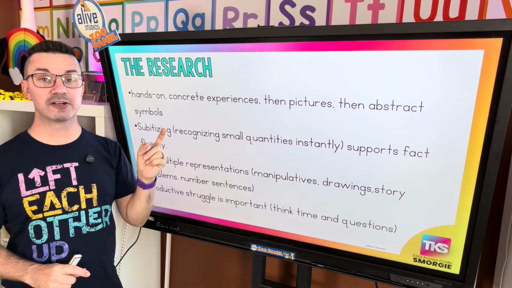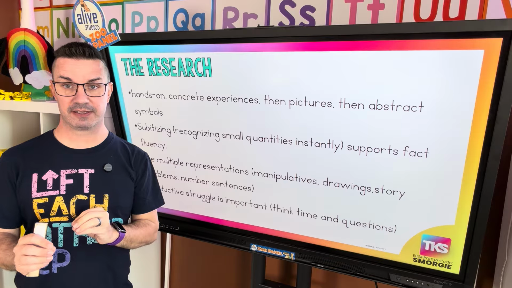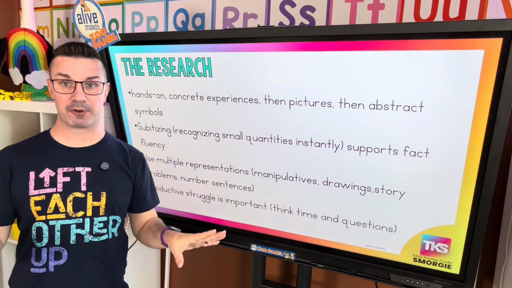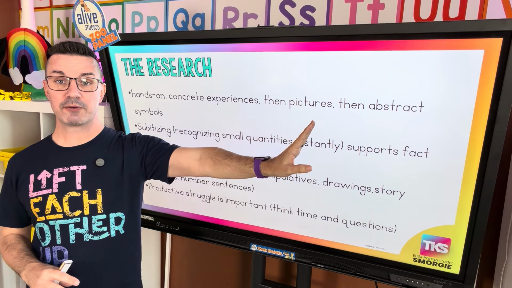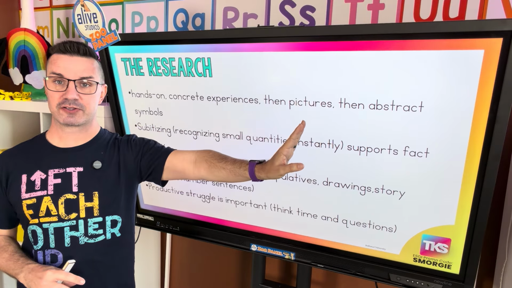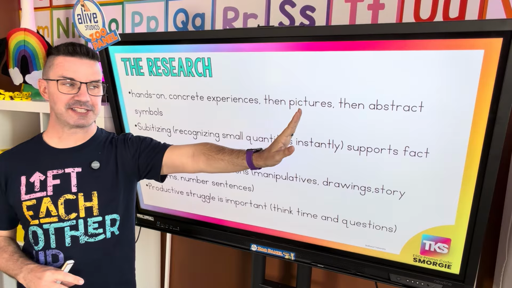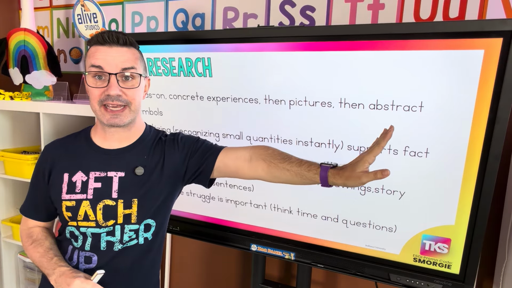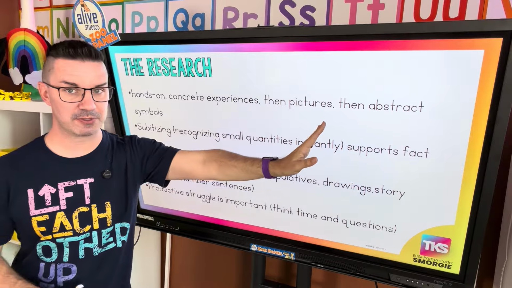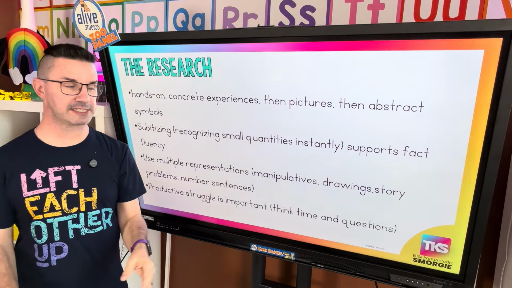So hands-on concrete, we're literally just doing and talking. They may not see a number, right? They may not see an equation or a number sentence. Then we move to pictures. We can also start to introduce some of those numbers, equations, right? But we're really still focused on that concrete. Then we get to equations, symbols, right?